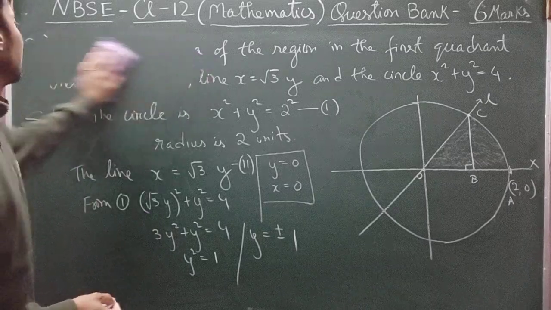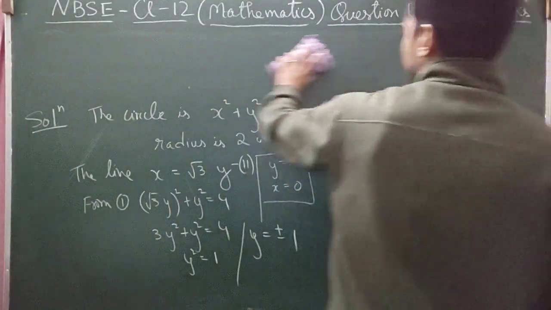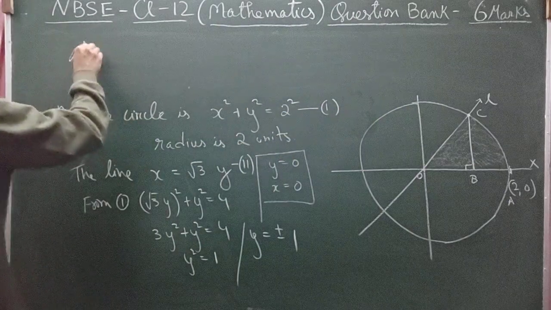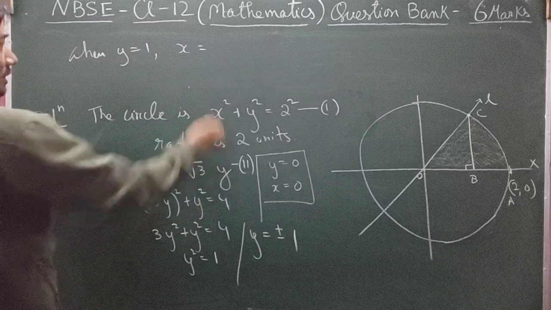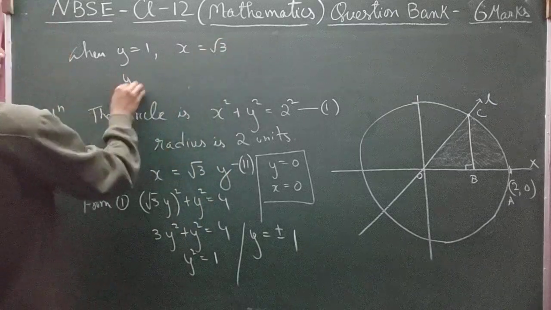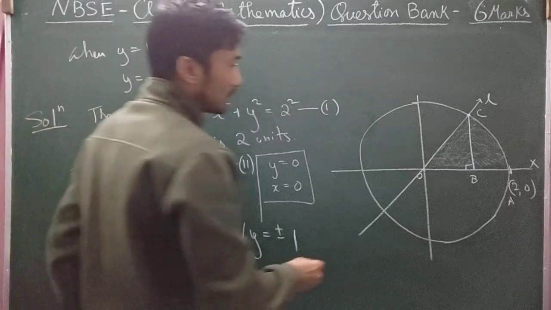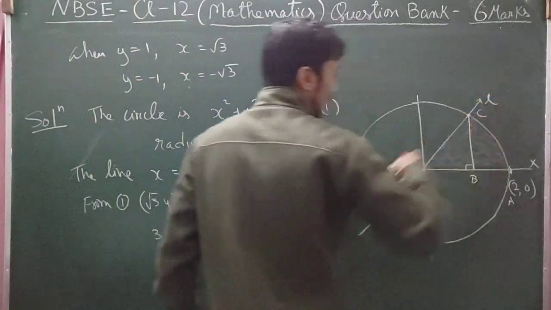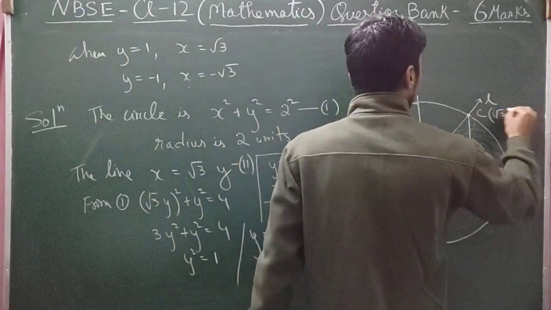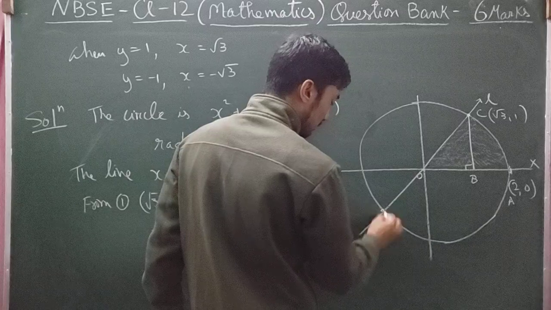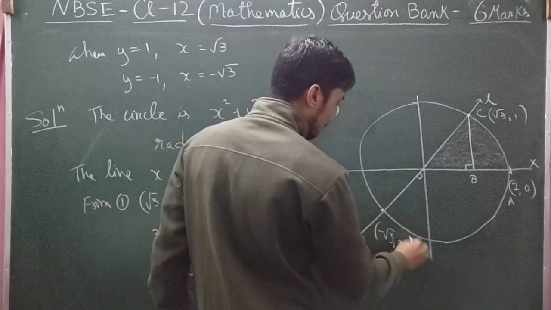I need more space. When y is plus 1, the value of x will be root 3, and when y equal to minus 1, x will be minus root 3. That means the points of intersection of the line and the circle are C, which is root 3, 1, and this point, which we don't need, minus root 3, minus 1, in the third quadrant.